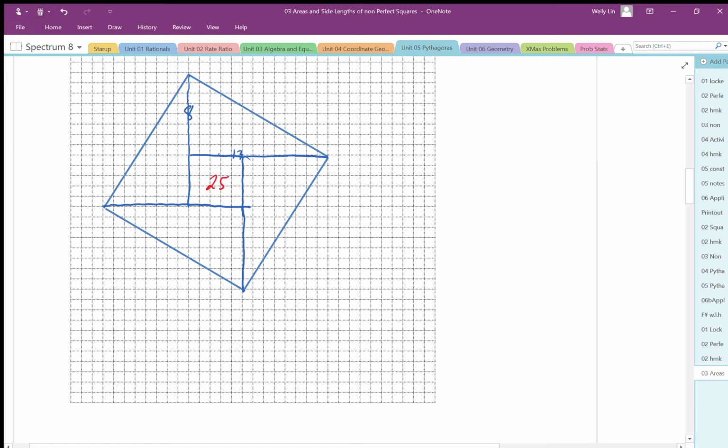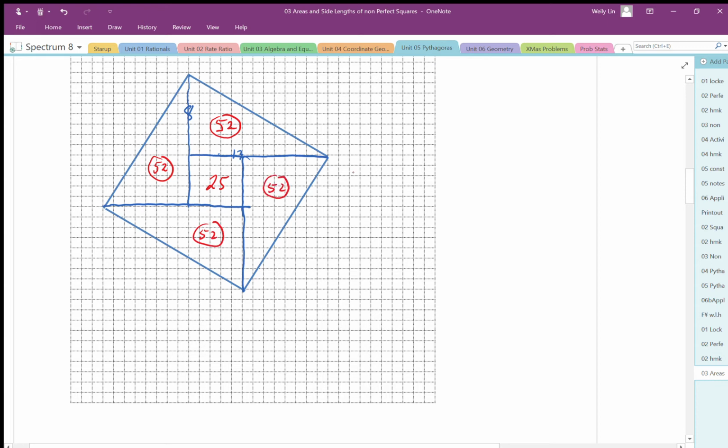And the 8 by 13 is going to give me 8 times 13 divided by 2. Okay, so that's going to give me an area of 52. So each of these triangles is going to give me 52 squares of area. So 52 squares of area in here, 52 squares of area in here.